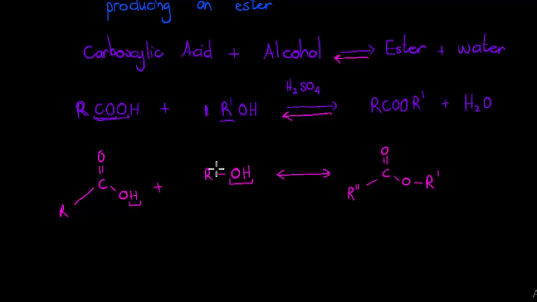Okay, so that one should have an accent. That just means it's a different one than that one. Okay, so for this one to connect, we need to lose the OH, and then the substituent would replace the H there. So we have this H and that OH together forming our H2O in the end, and that is why we have H2O.